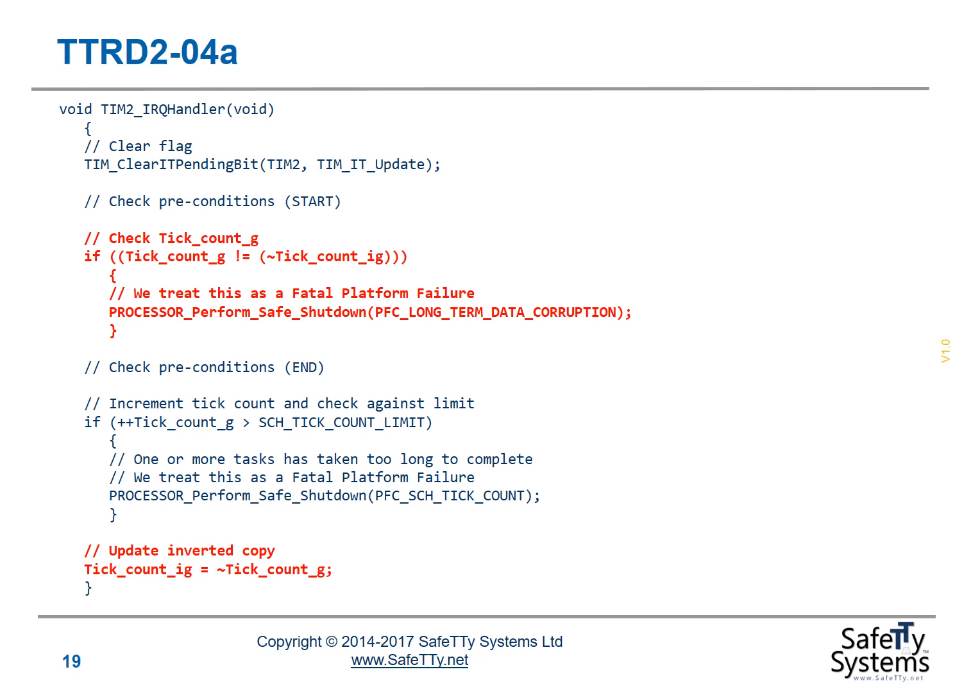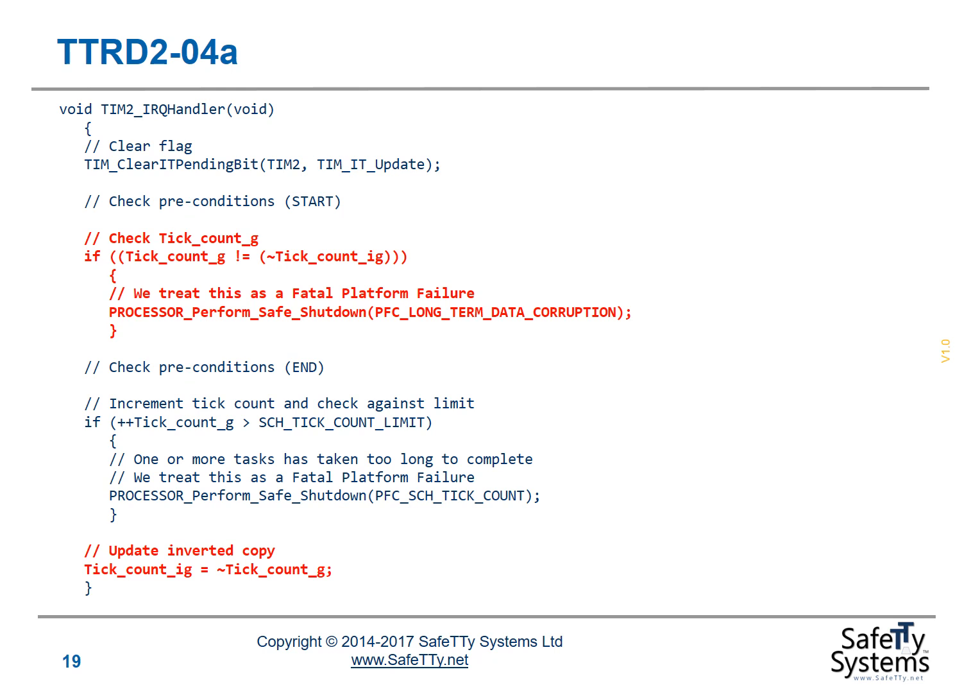And again, a fatal platform failure is a defined term. So you'll find the definition of that term in the back of ERES 2 in Appendix 1. So we're treating the processor performing a safe shutdown as a fatal platform failure, and we're treating the tick count exceeding the limit and a task overrun as a fatal platform failure.